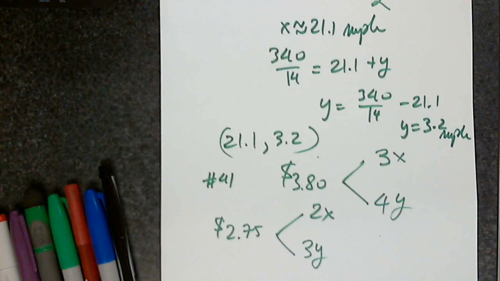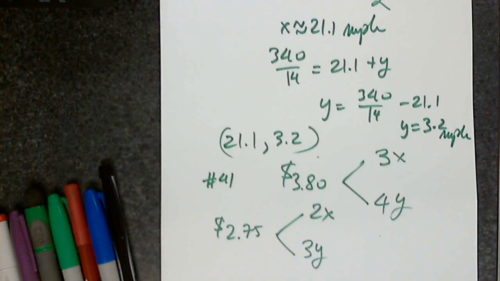That's good. So then you have this minus 21.1, 340 over 14, minus 21.1. Careful. If you put a parenthesis, you have to repeat that parenthesis. No, you're multiplying to write that.